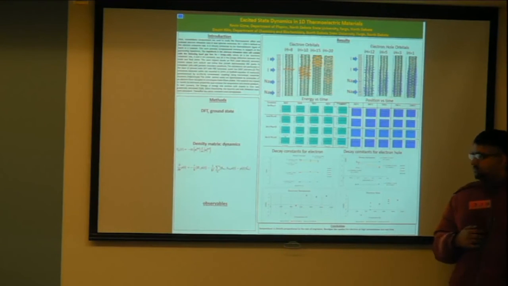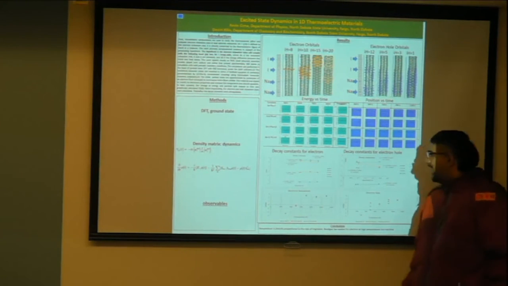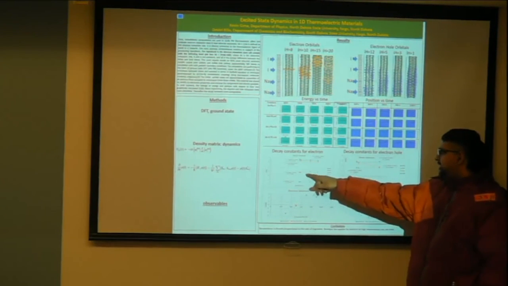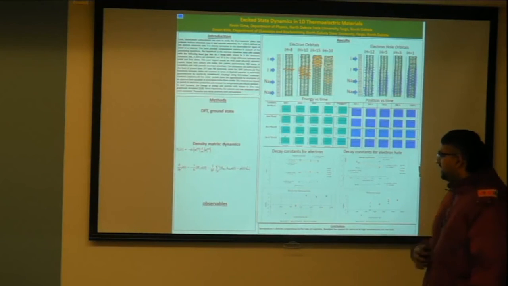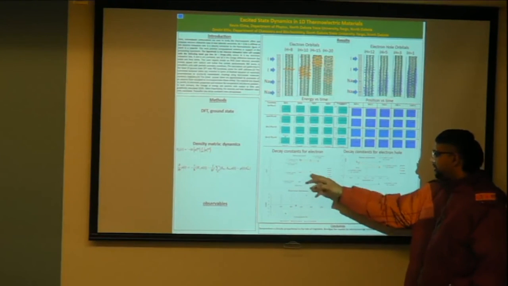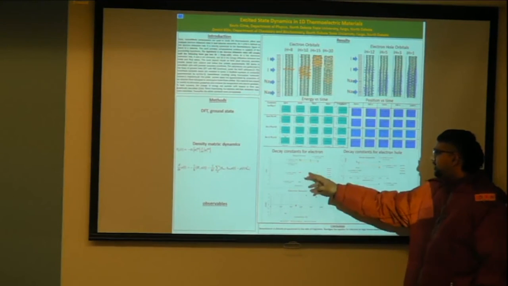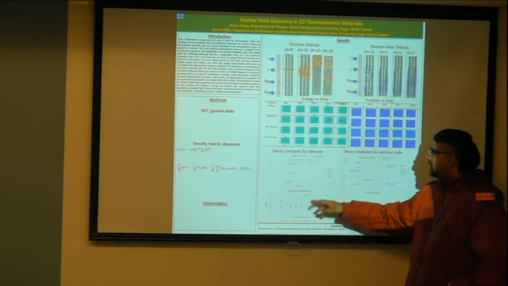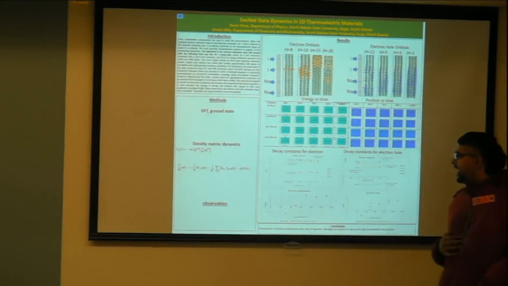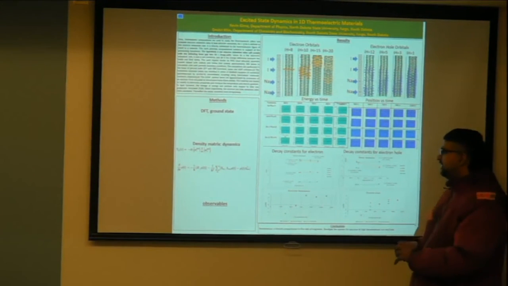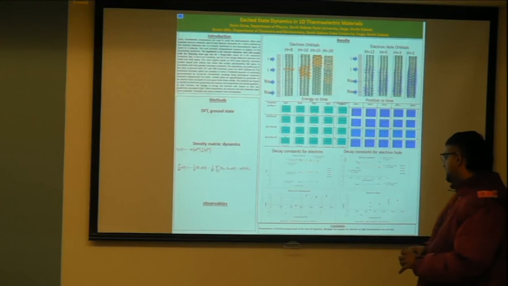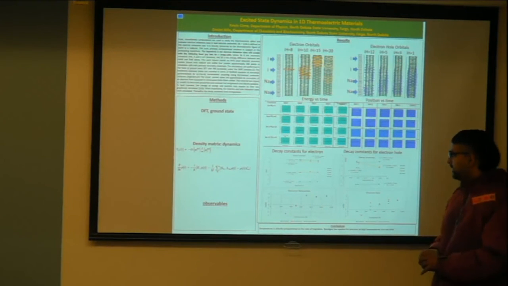Please keep going. All right. So as you can see here on this graph, at lower temperatures there's hardly any change with respect to energy. The slope is really low. However, as you go to higher temperatures, the change of the decay constants with respect to energy becomes much greater.